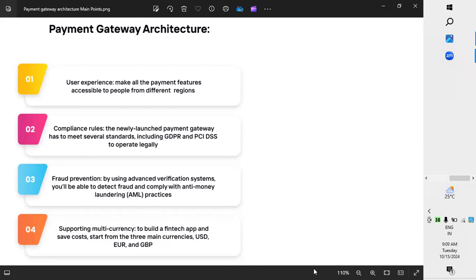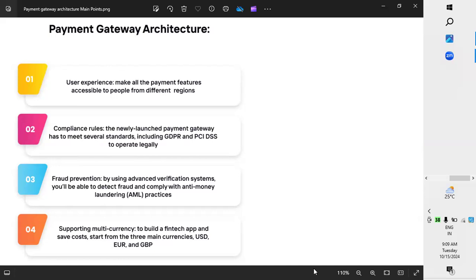The first one to be taken into account is user experience, because people are from different regions, right? When we are developing any payment features, it must provide a good user experience to people located in different regions.